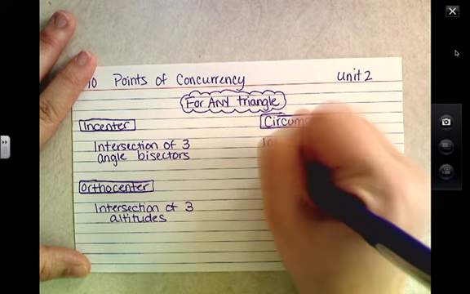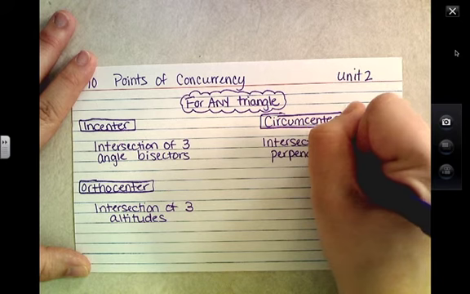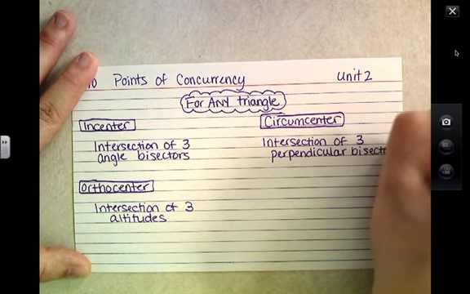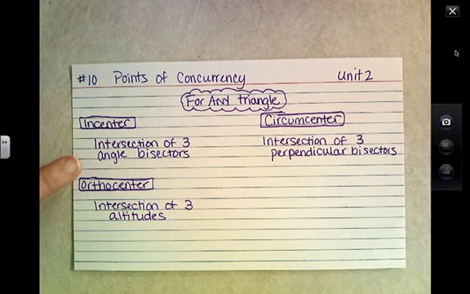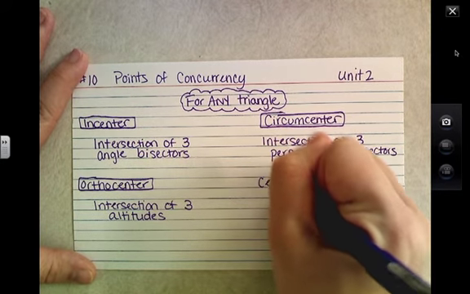And hopefully you're remembering that you can construct all of these things, right? Yeah, we can construct angle bisectors, right? We can construct altitudes. We can construct perpendicular bisectors. So if you can construct 1, you're just going to have to construct 3 and find the point where they intersect. The fourth one is called the centroid.